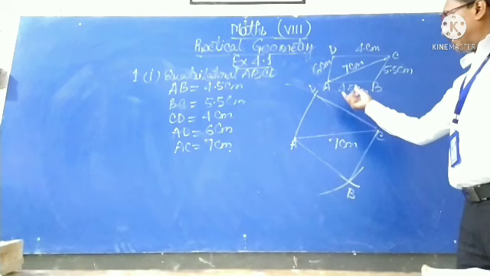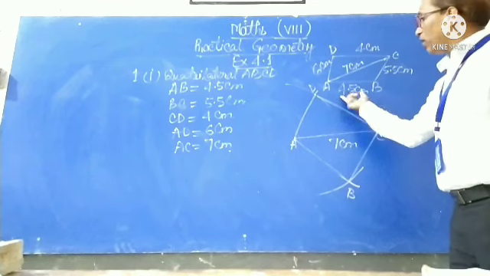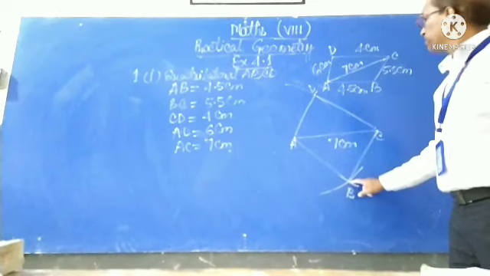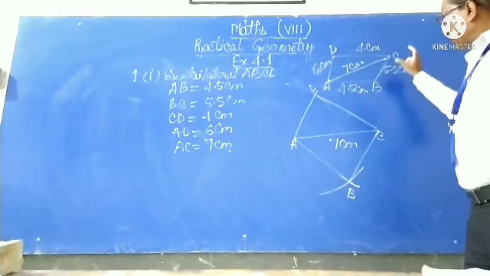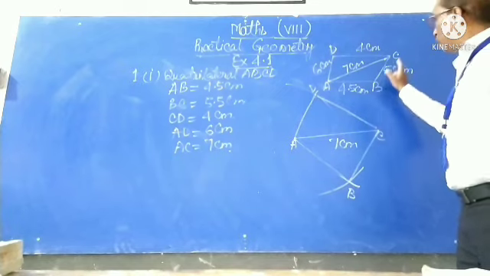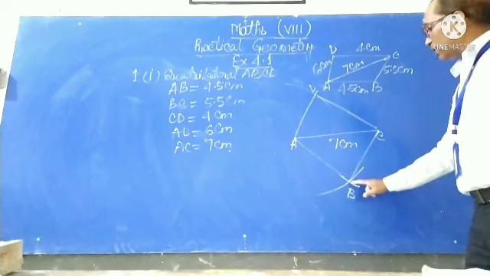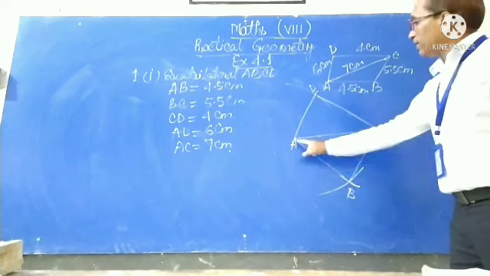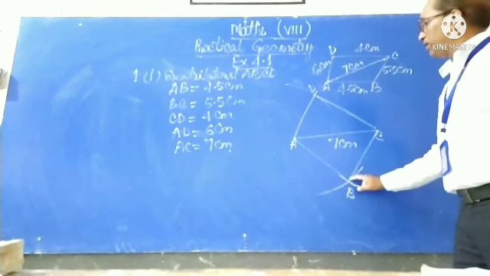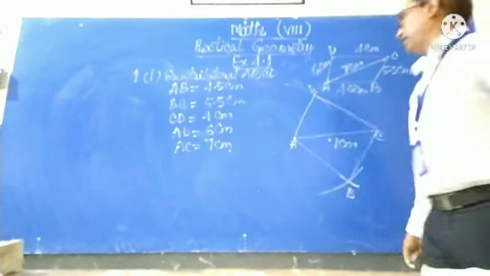Then you take 4.5 cm distance in your compass and draw an arc with center A, and you take 5.5 cm distance in your compass and draw an arc with center C, which cuts the previous arc at point B, join A to B and C to B. You get ABCD, a quadrilateral.